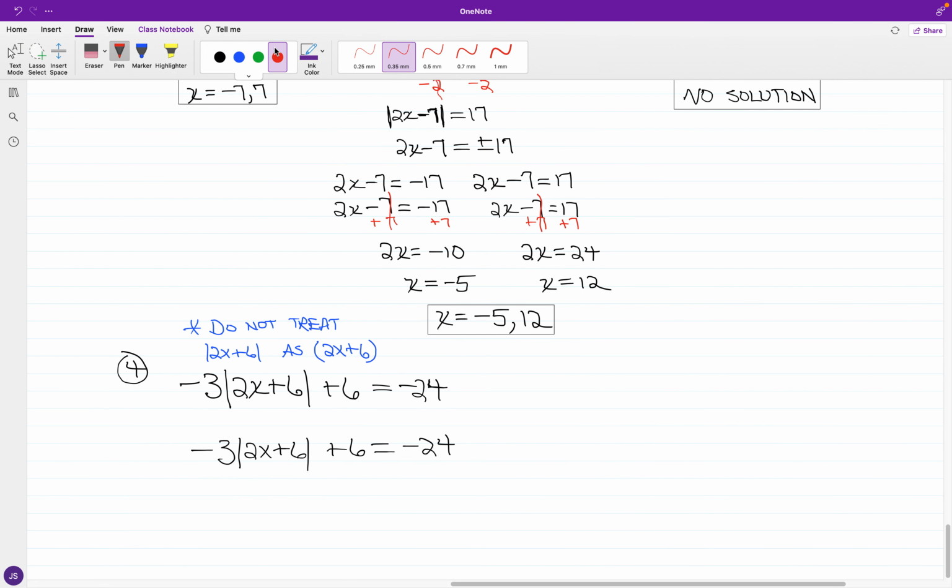I can start out like a two-step linear equation, and undo the addition first. I'm going to subtract 6 from both sides.